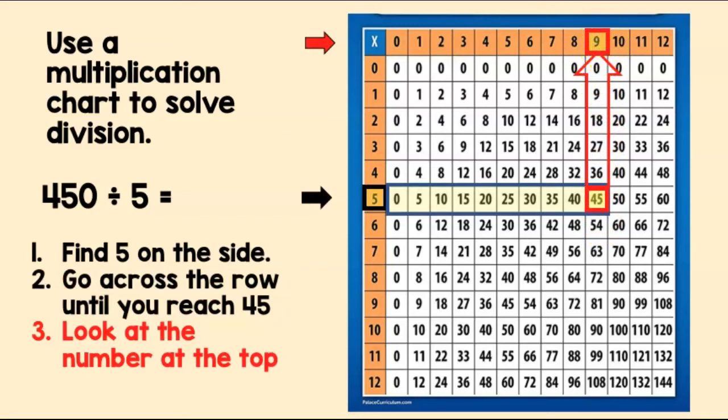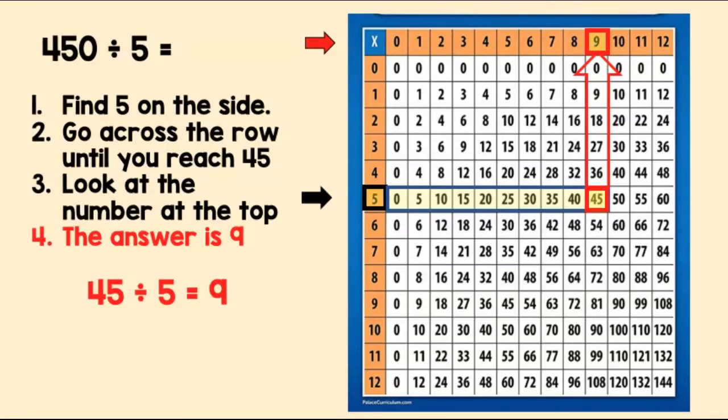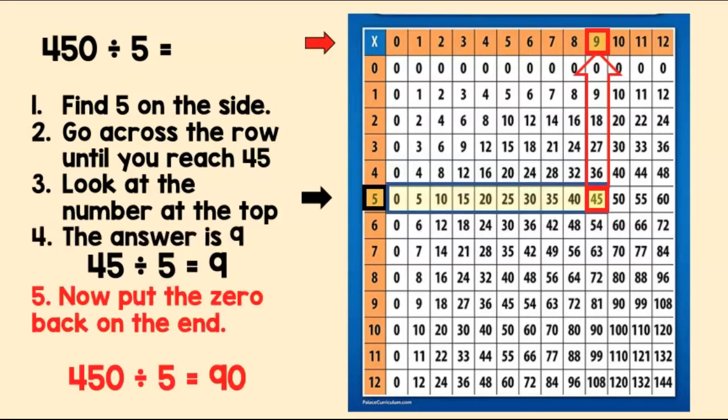So our answer would be 9. So 45 divided by 5 is 9. Then we need to put that 0 back on the end since we took it off, and it goes to 90.